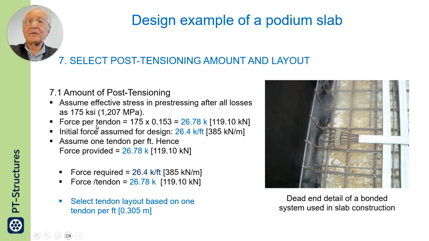So force per tendon will be that 175 times the area of the strand, which gives me 26.78 kips per strand. So I assume that the force of 26.4 is assumed for design.